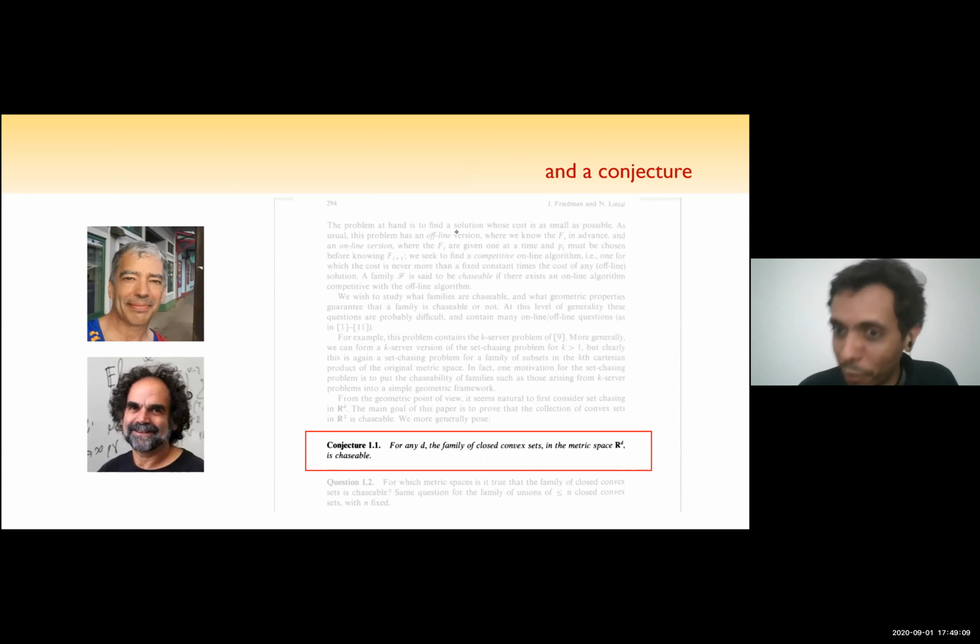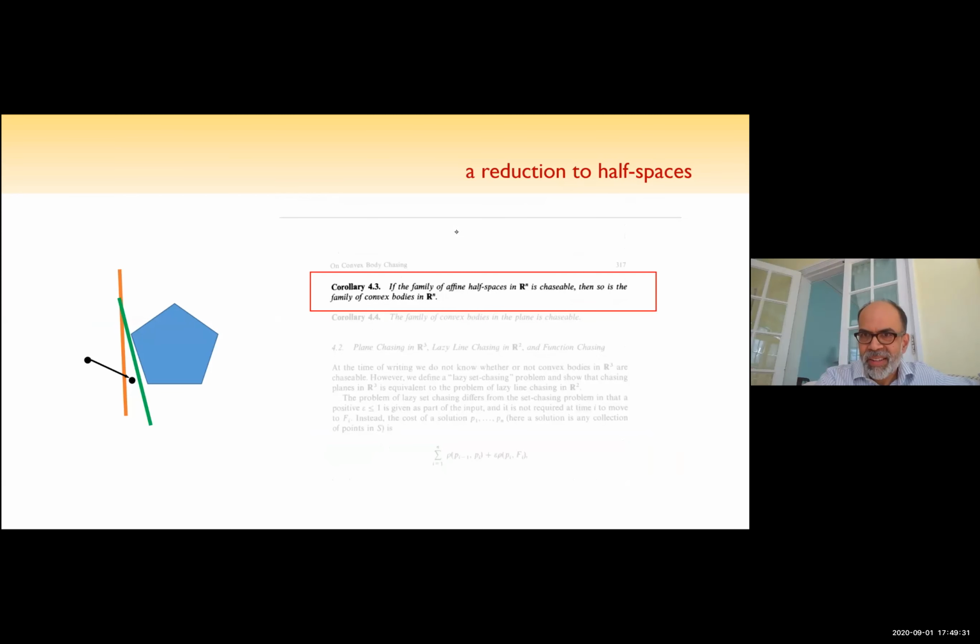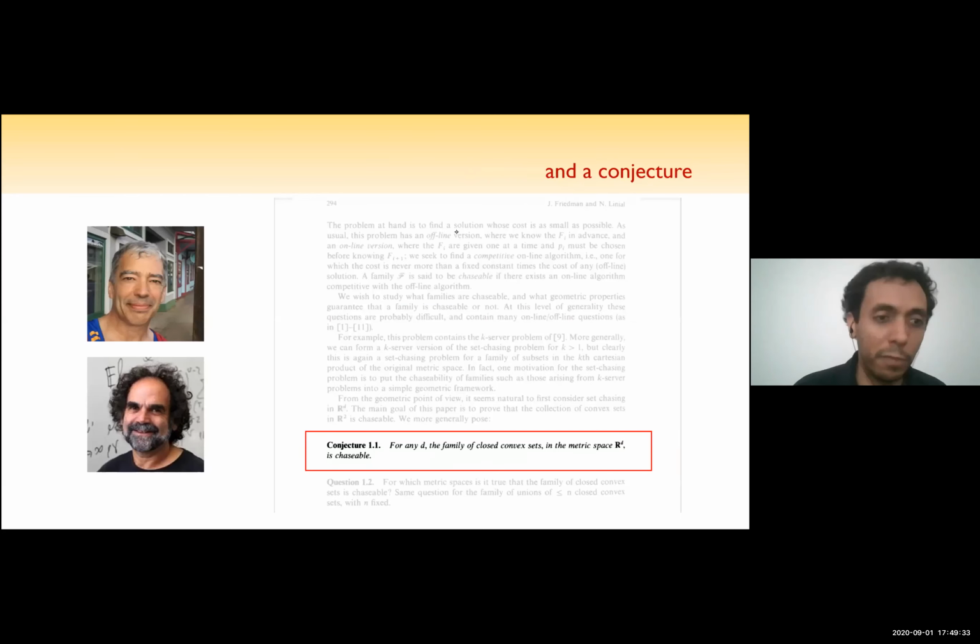One more question to read out, and I probably should have acknowledged who is asking the question for the purposes of the recording, but I apologize to the 3 people before. So Karthik asked, is chasing equal to getting a square root n competitive ratio? I mean, if it's chaseable, is it competitive?